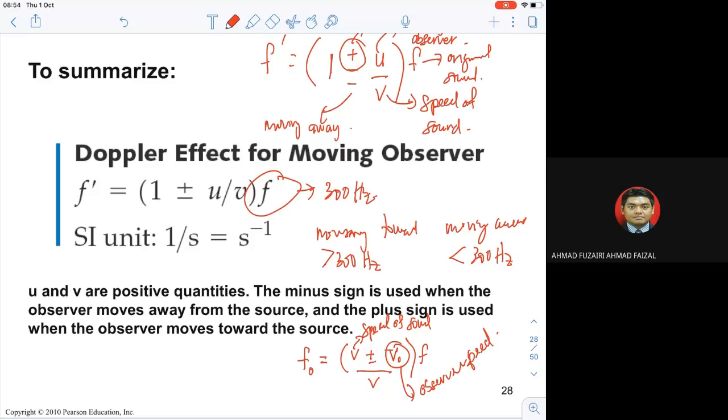V plus or minus V naught over V times f is for the observer's frequency. So this is actually the same equation. In my slides we use f prime, but in your textbook they will definitely use f O, the observer's frequency.